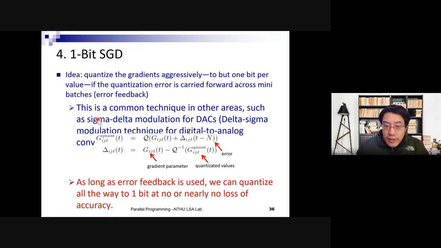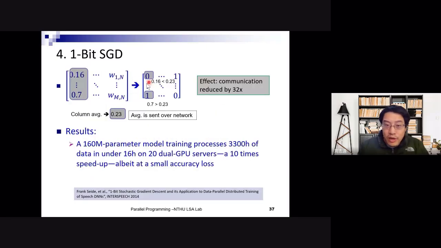So there are many libraries you could use to quantize the value, and usually it's not as simple as what we show over here. This is just a naive example to give you the idea why quantization can reduce communication or computation time. All right.